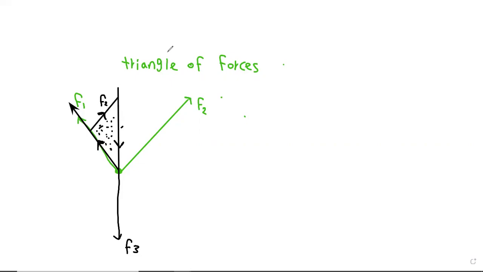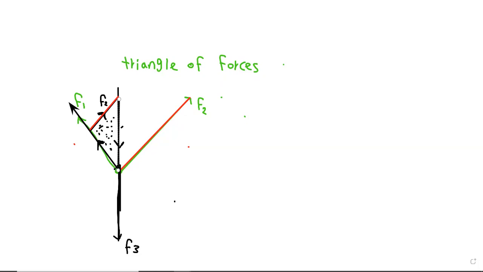Look well at this force, F2 here and this side. This side represents F2. And here we have F3 down, in this direction. This side in this triangle represents F3.